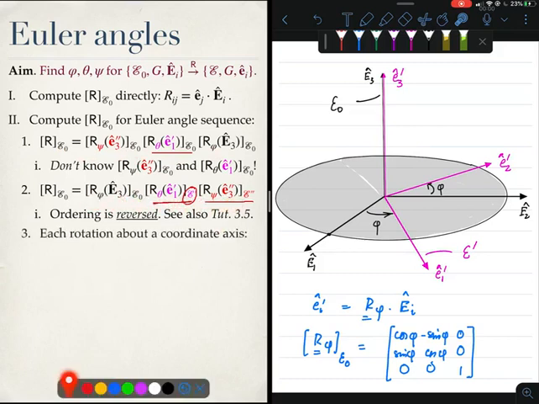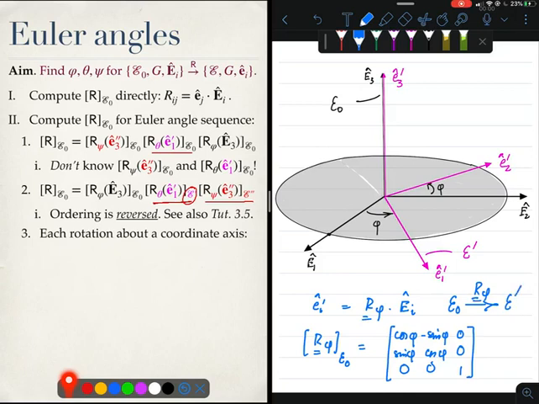As I said, each rotation is about a coordinate axis, and therefore each one of them is a simple 2D rotation whose matrix is always simple, provided you evaluate the matrix in the coordinate systems which are linked by that rotation. So this R phi is simple because R phi relates E0 and E1, not E1, E prime.